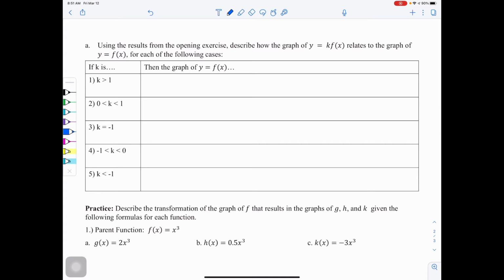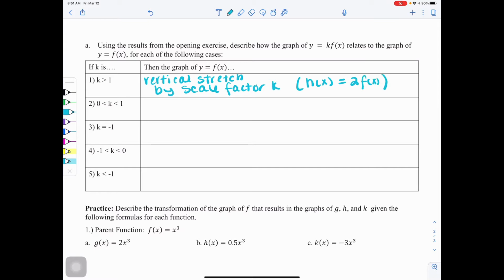When you have a number bigger than 1, it's a vertical stretch. So vertical stretch, because it's on the outside and it's bigger than 1, by scale factor k. Okay, and then in parentheses, we're going to put the example from our front page so that you can refer to it. So this is referring to h of x, where we doubled on the outside f of x.